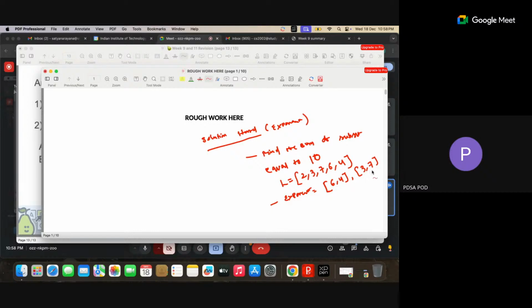The 3 and 7 sum is 10, right? And 6 and 4 sum is also 10. He worked out the solution. Maybe he tried 2 with other combinations, 3 with other combinations, 7 with other combinations, 6 with other combinations, all combinations. But he got this list. Sir, this is the list which is matching to 10.